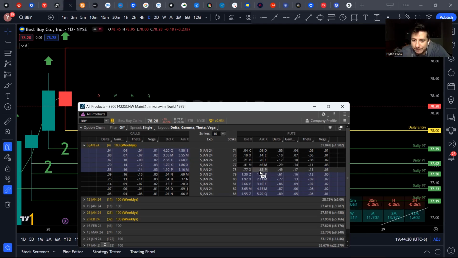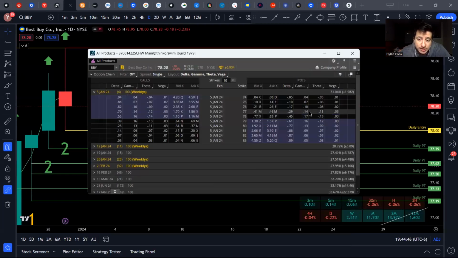And if we drop down to the 77.19, you'll make a nice chunk of change there. 45 delta as opposed to 29 by getting to 77. So huge difference there. And these are not meant to be swung, so you don't really need to worry about the theta as much.